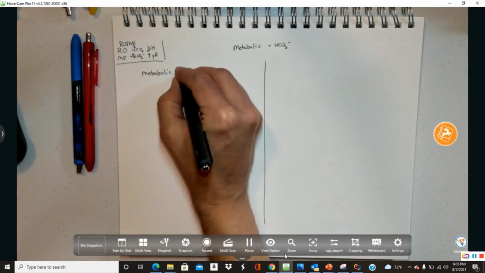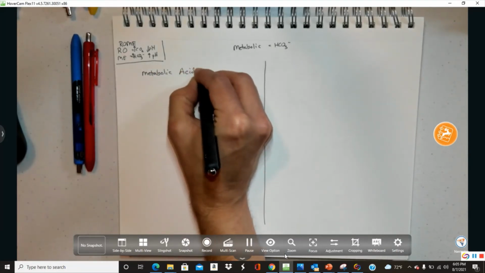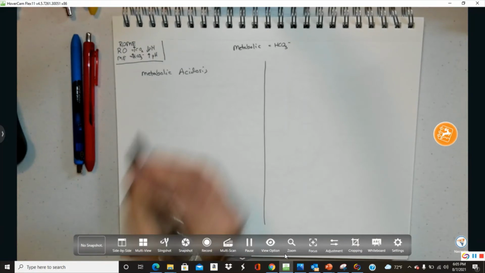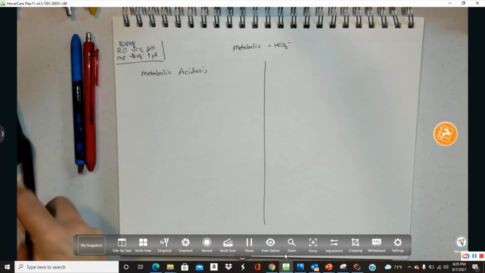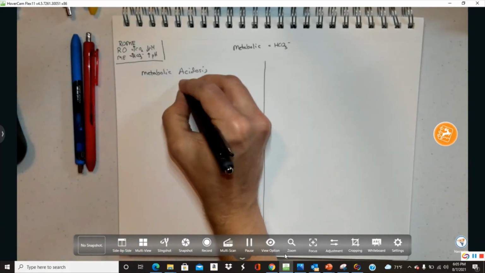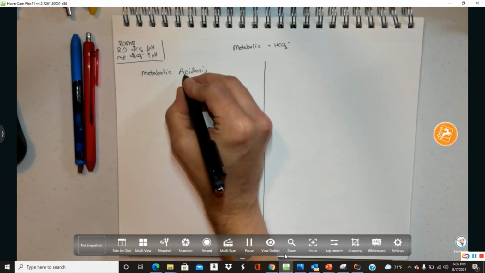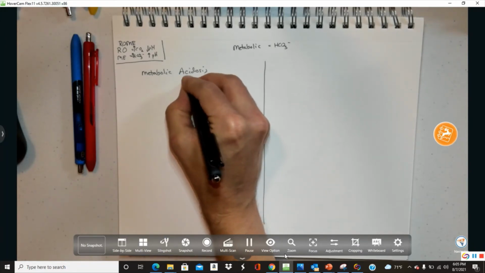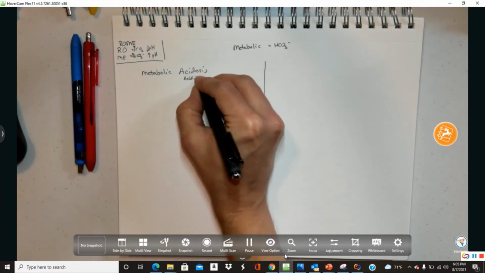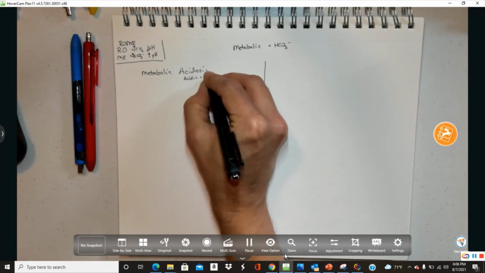Metabolic acidosis. Now, as we talk about this, remember acidosis: you're dealing with something that's acidic. So remember, if it's acidic, that equals a low pH.